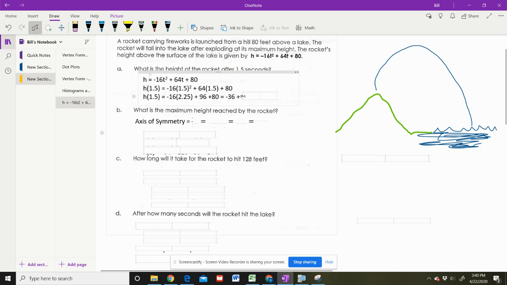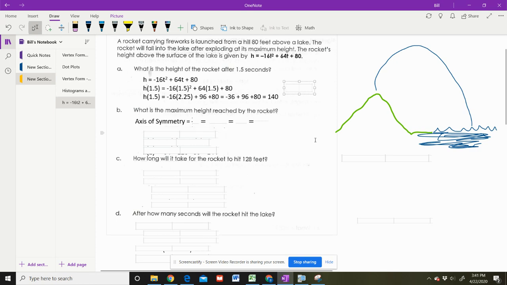And negative 16 times 2.25 is negative 36. So when we add all that together, we end up with 140. So the rocket, after 1.5 seconds, is 140 feet into the air.